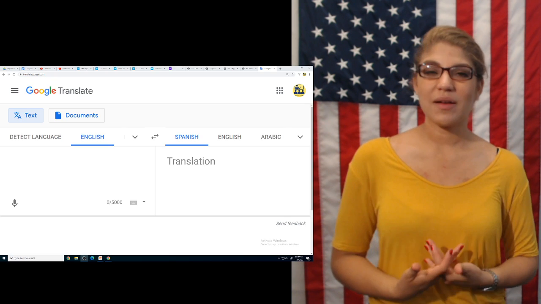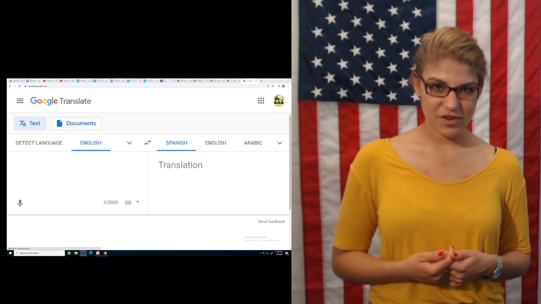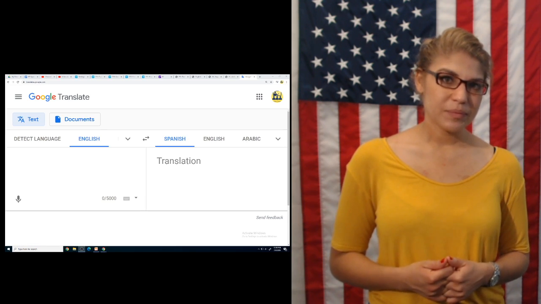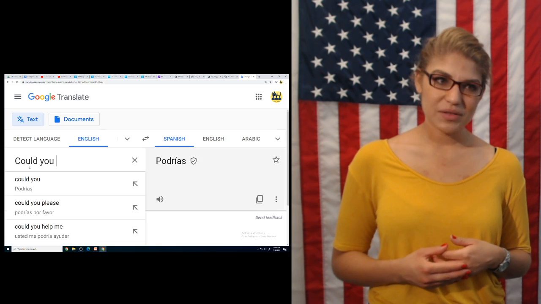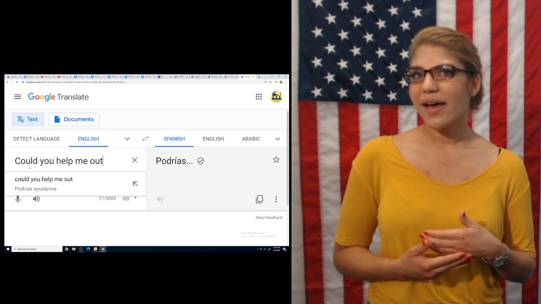The word could, if we can pull up our Google Translate and then perhaps a page on auxiliary modal verbs. The word could is a lovely word when you need to ask for someone to do something like a favor. For example, could you help me out?